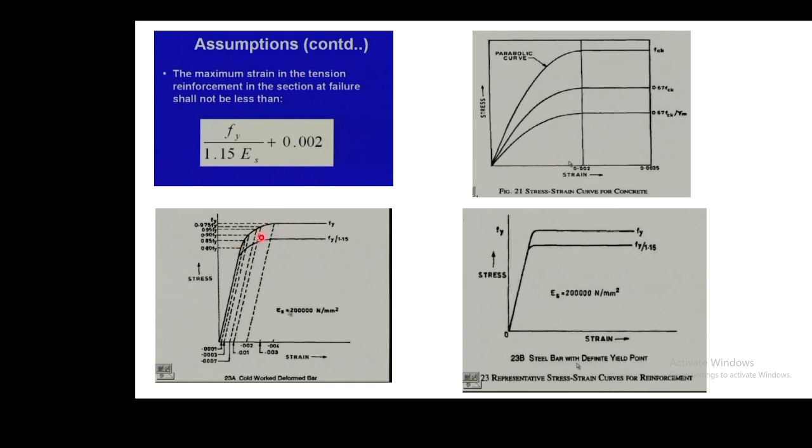That's why this method is adopted to find the yield strength. When we divide it by 1.15, we get the design strength to design the structures.